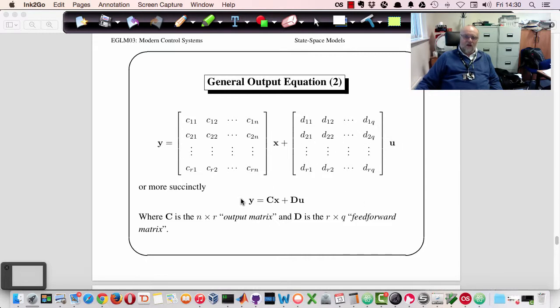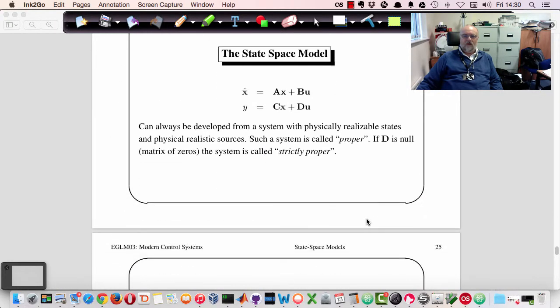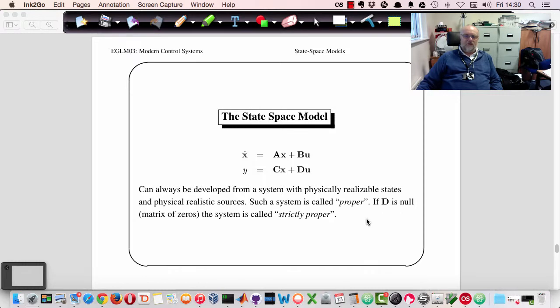And in general we've got y equals Cx plus Du. Then again, C is r by n, called an output matrix, D is r by q, and called a feed-forward matrix. So the full state space model, taking into account possible outputs we might be interested in, is this: x dot is equal to Ax plus Bu, that's the state equation, and then y equals Cx plus Du is the output equation. So this set of 4 matrices basically represents the system that we want to build.